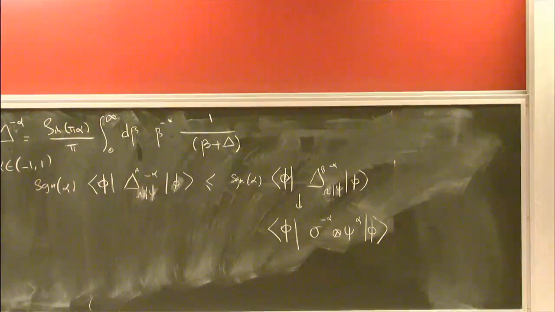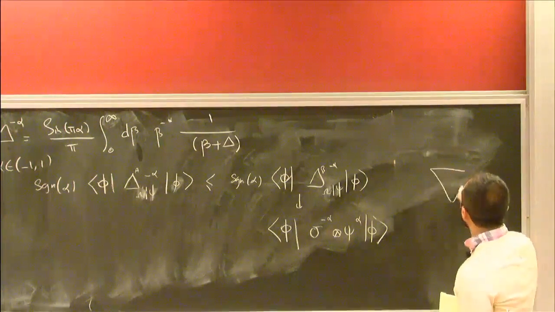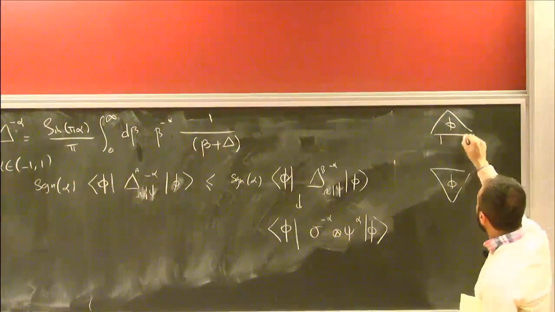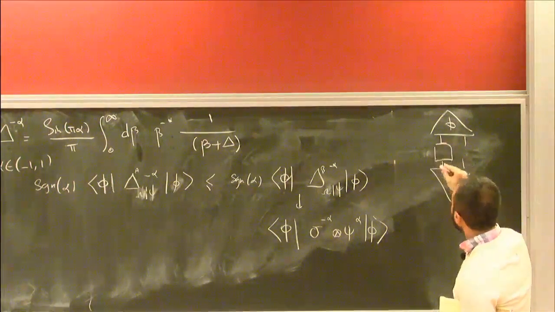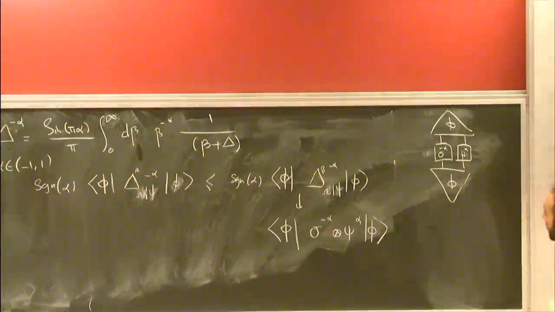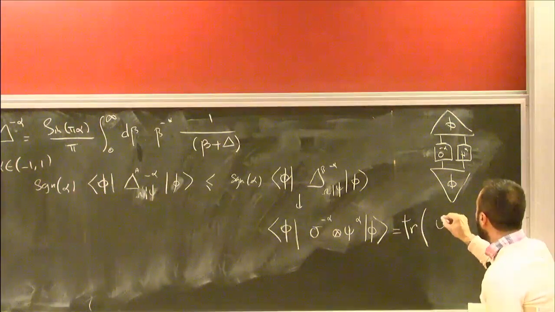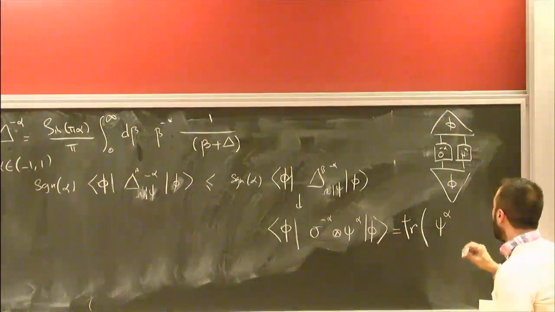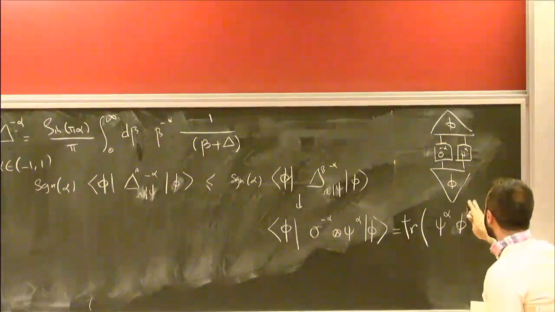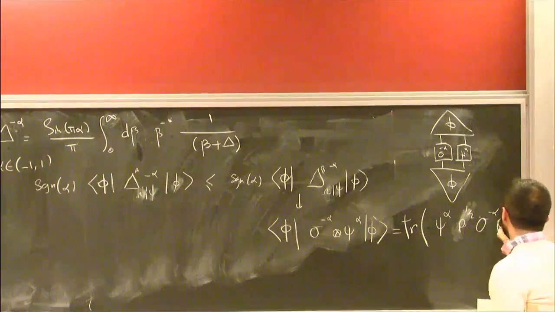If you're comfortable with tensor diagrams, what this picture is telling you is that this is a vector of a bipartite system. This is sigma to the power of minus alpha. This is psi to the power of alpha. This whole thing is really the trace of psi to the power of alpha, sigma phi, rho half, sigma minus alpha, rho half.